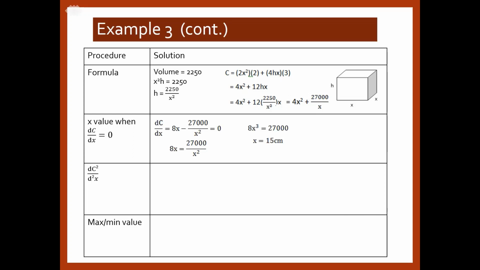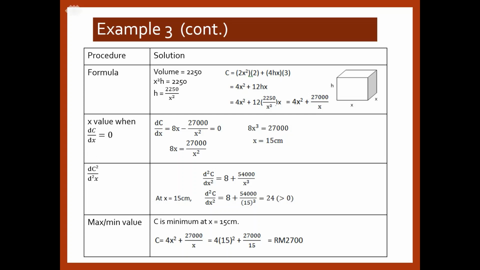Next, differentiate C with respect to x. You will get dC over dx equal to 8x minus 27,000 over x squared. By letting dC over dx equal to 0, calculate for the value of x. You will obtain x equal to 15 centimeter. Differentiate dC over dx once again with respect to x.